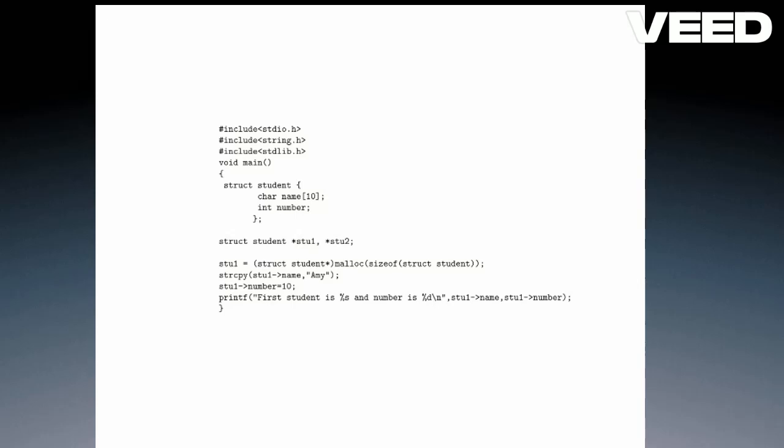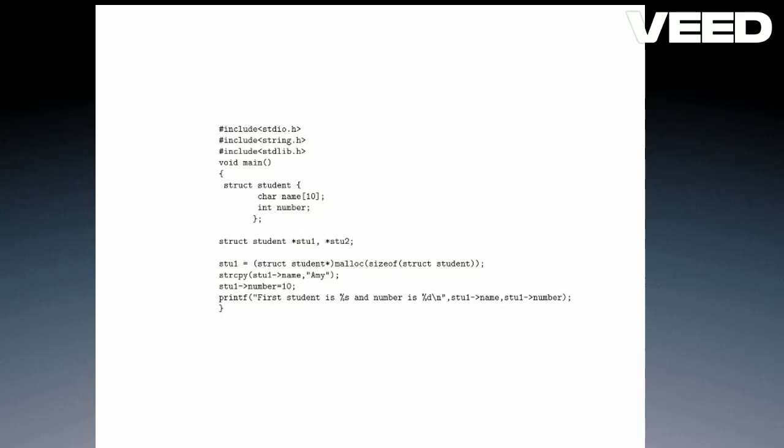Now what we can do is, and this is the last bit of notation we have to learn. Now stu1 is actually the pointer to a structure. When we use a pointer to access the field of a structure, we have to use the arrow notation. So this is a minus sign and a greater than sign.